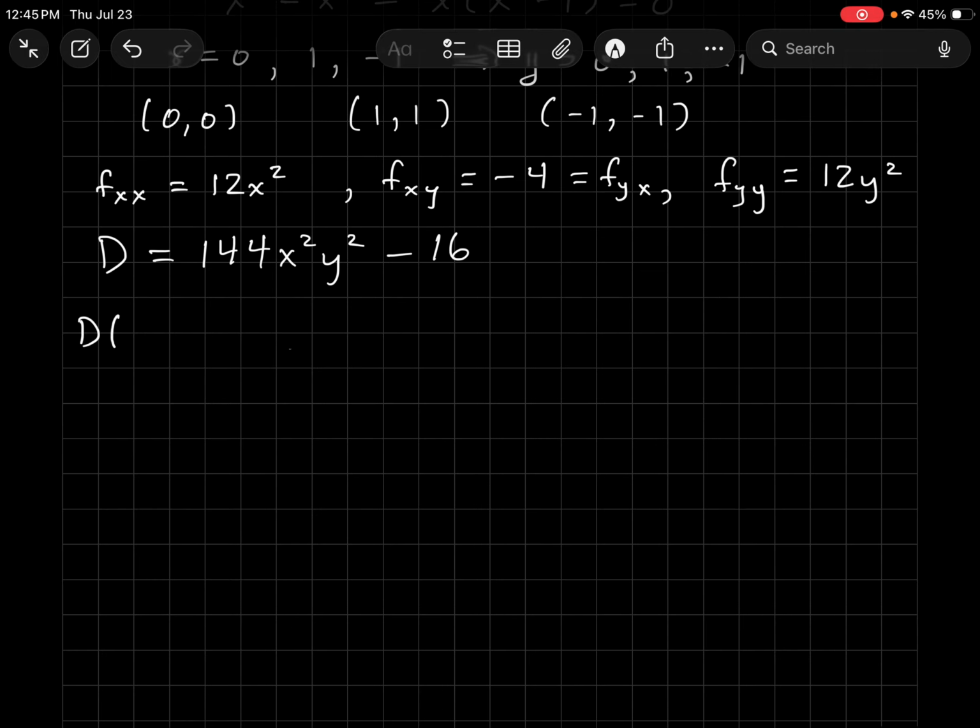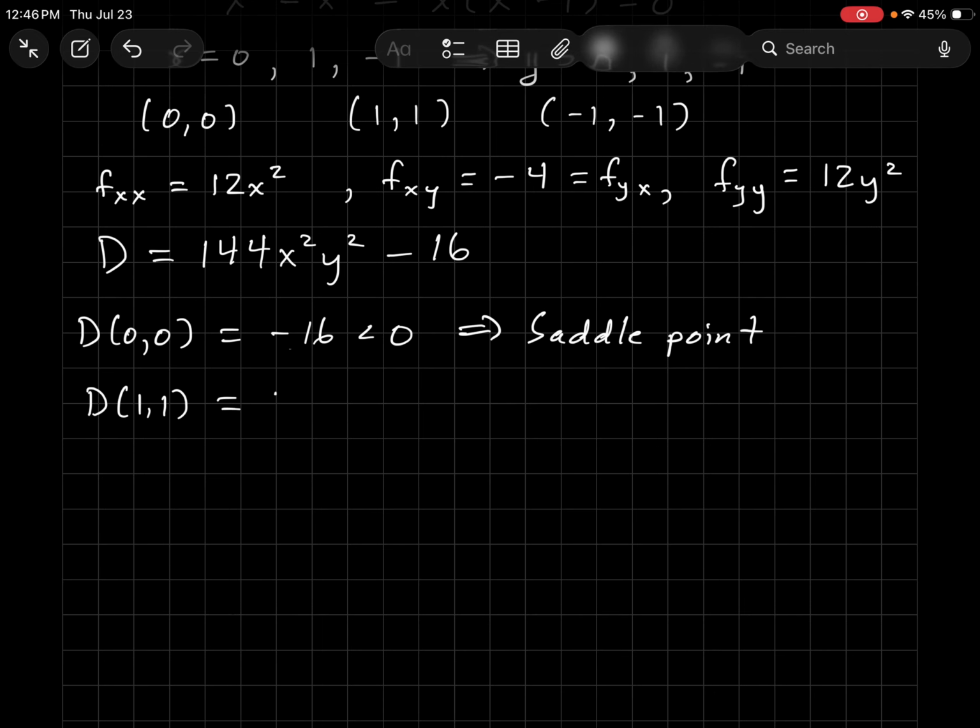So let's find D at (0, 0). That is when x, y equals 0, 0. This gives us negative 16. So I know that we have a saddle point because D is negative. Let's try D at (1, 1). That's going to give us 144 minus 16, which is positive.